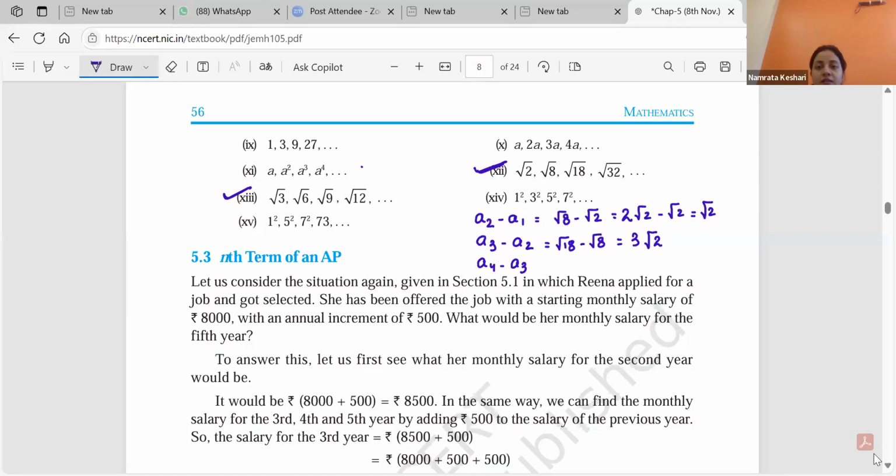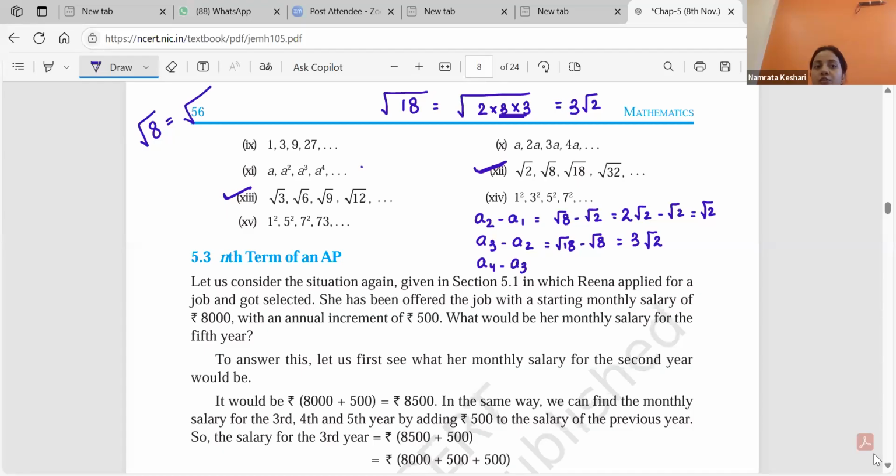Ma'am, can you explain how root 18 is turned into 3 into root 2? This is in pair and it will come out. Is it making sense to all of you? Yes, ma'am. And root 8, I have written it as 2 root 2.